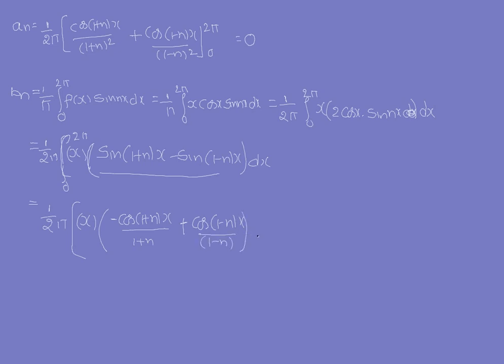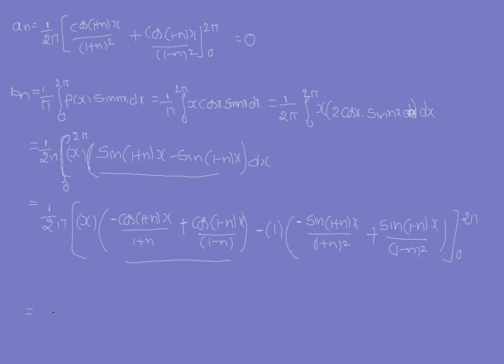Then minus, x differentiates to 1, and integrating again gives sin (1 plus n) x by (1 plus n) whole square, plus sin (1 minus n) x by (1 minus n) whole square, between the limits 0 to 2 pi.